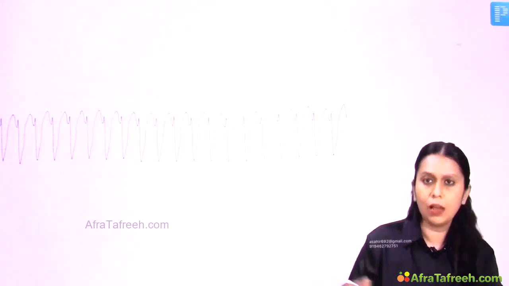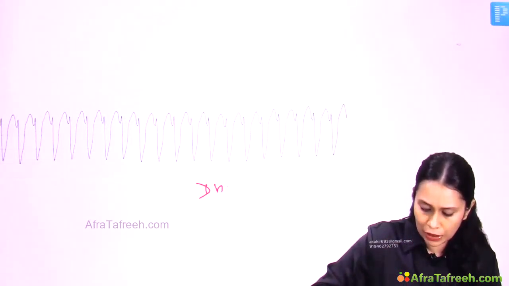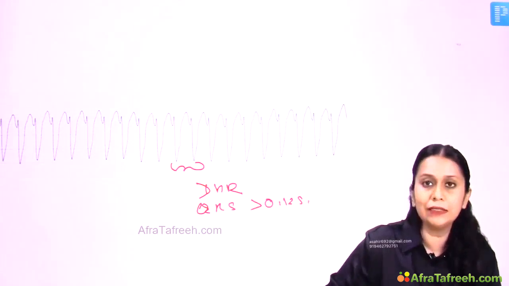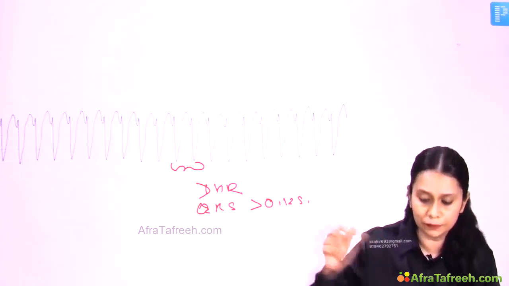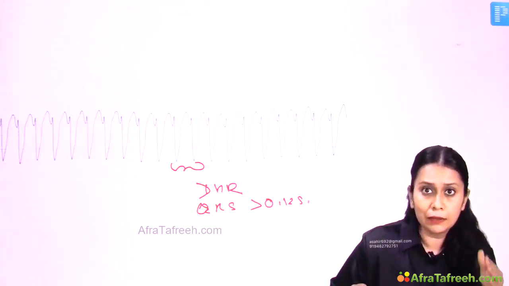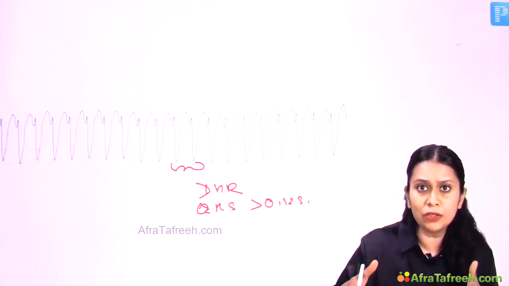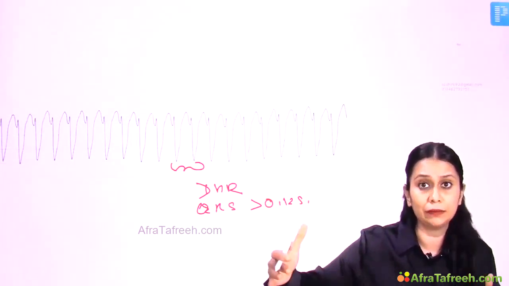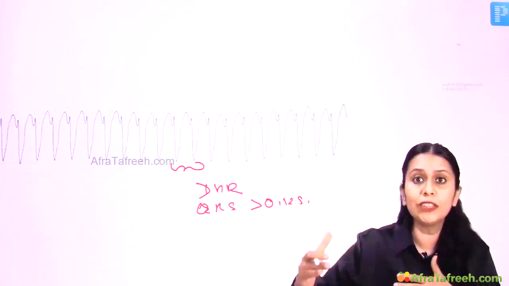So, how do we recognize it through ECG? The patient should have a high heart rate. The QRS complex should be more than 0.12 seconds, that is, more than 3 small boxes, right? This, as you can see in the picture, is a regular wide QRS complex tachyarrhythmia.